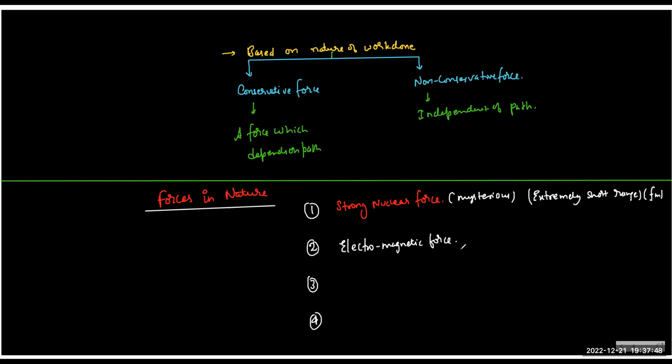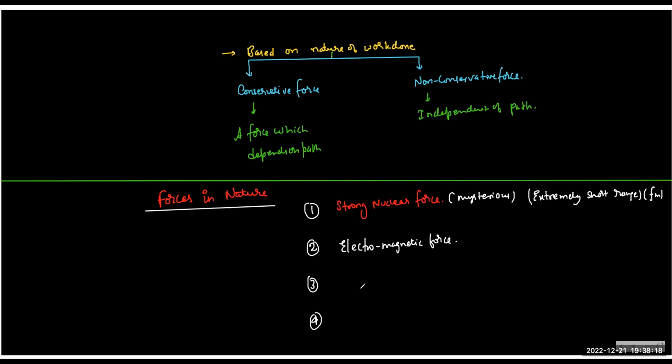But at present, these two forces have combined into a single force, which we call electromagnetic force, and no distinction is made. In today's world, we don't talk about electrostatic and magnetic as separate concepts. It's the same concept with two different interpretations.